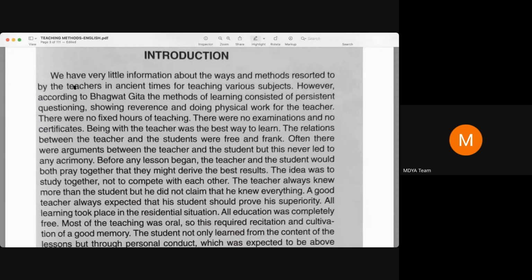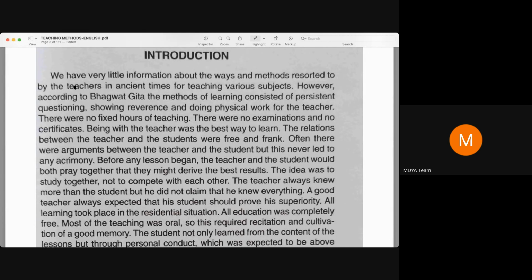But the information we have about those days, what the methods and techniques were, how they taught their disciples, is very little. We know very few of the methods which were used by the teachers in ancient times for teaching various subjects, especially yoga.